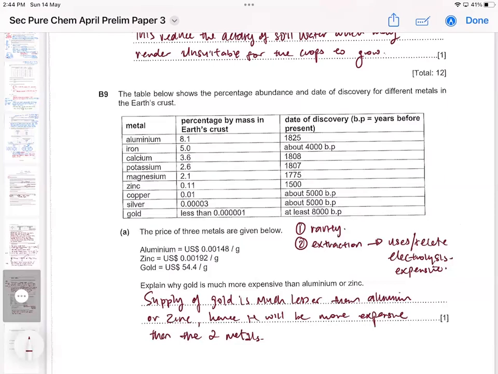Can you look at the years of discovery against the metals? What does the year of discovery link to in the way the metals are found? Is there a consistent trend that you see here?